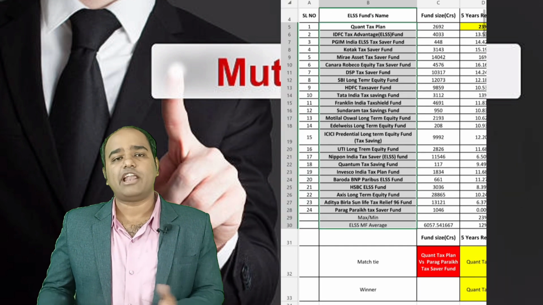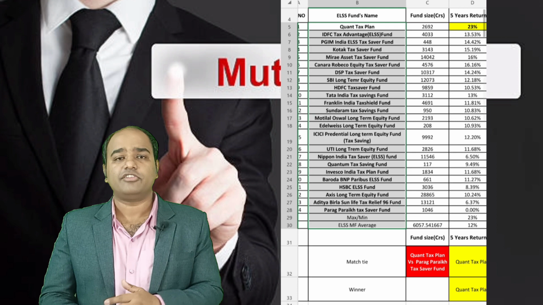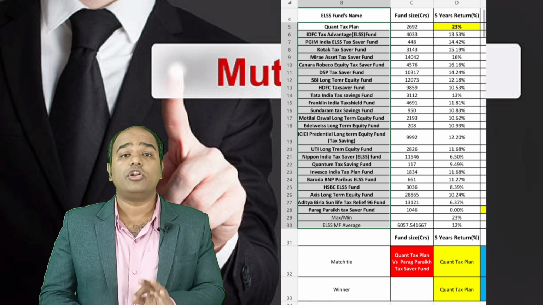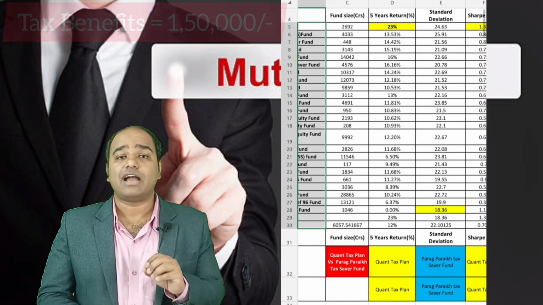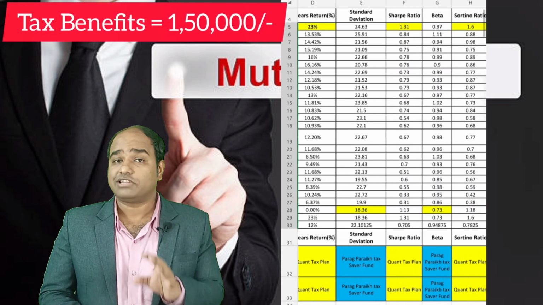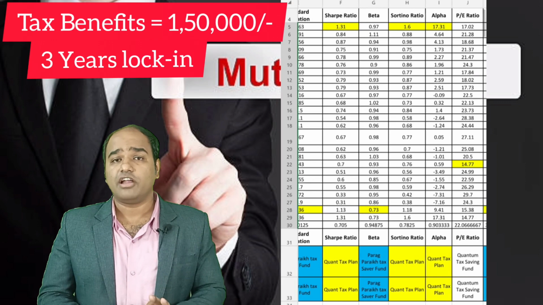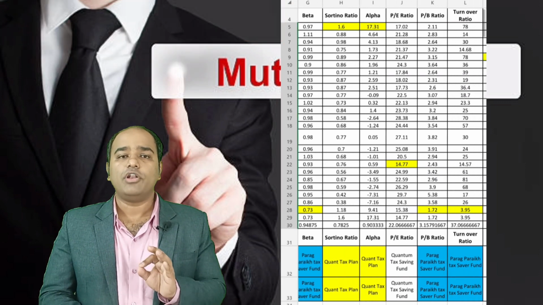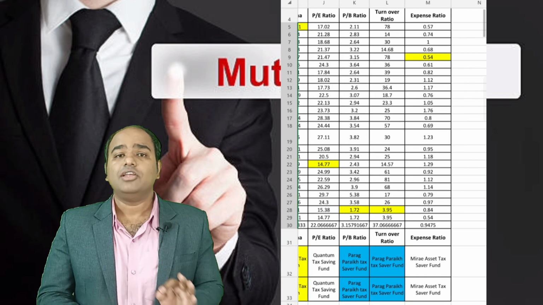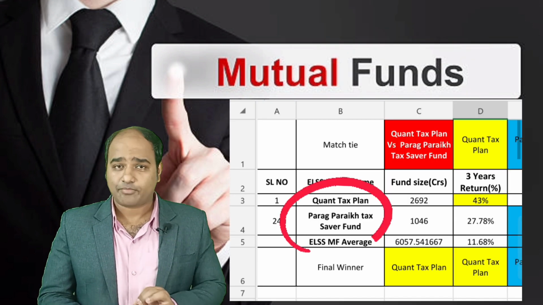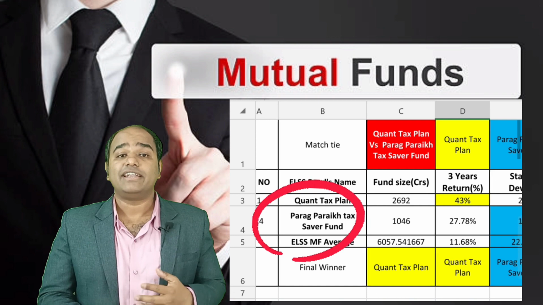As you can see behind me, on the basis of these parameters, we have compared 24 tax saving ELSS mutual funds where you can enjoy the tax benefit up to rupees 1,50,000 subject to a lock-in period of 3 years, and we have found that only 2 of them stand best and are close competitors of each other. Those funds are Quant Tax Plan and Parag Parikh Tax Saver Fund.